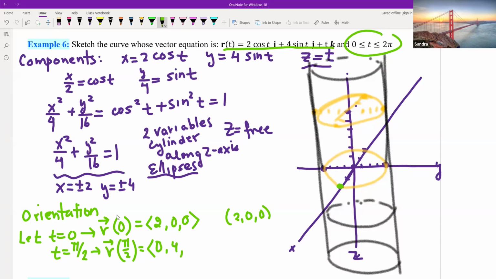And then z is pi over 2, but I need an approximation to pi over 2. Pi over 2 will be 1.57, so let's go with about 1.6. That will be another point, and this other point happens to also be on the cylinder. So the x is 0, the y is 4, and the height is 1.6. So from here, we're going to go up 1.6, about here.